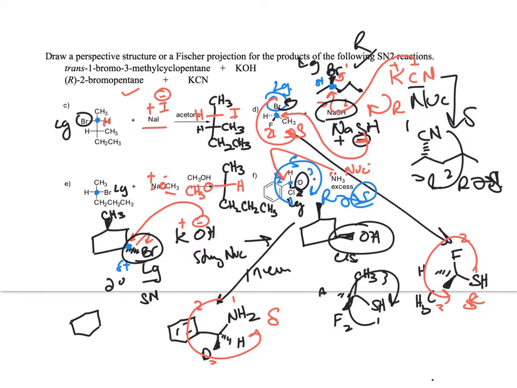Maybe you need to redraw this to show your inversion. Put your NH2 coming at you, deuterium, let's see, 1, 2, 3, and that would be R.